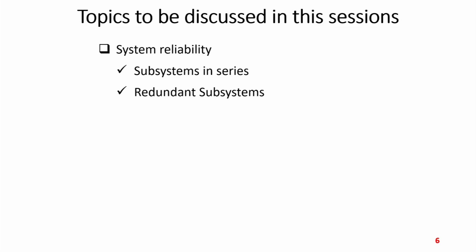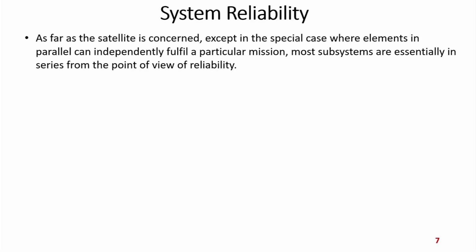Redundant subsystem means the systems are in parallel. Because here we are discussing the satellite system, in a satellite system most of the systems are in series, unless we put redundancy for the critical components. There can be a redundant subsystem like the TWTA.